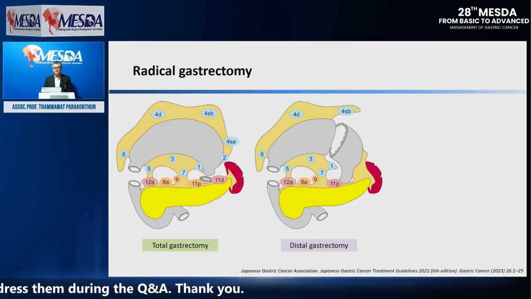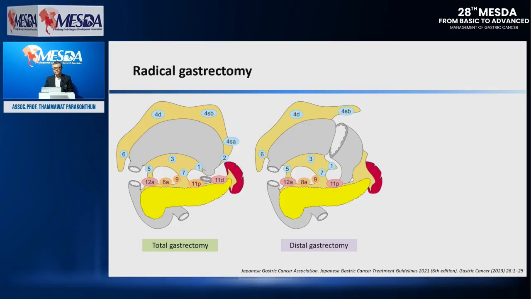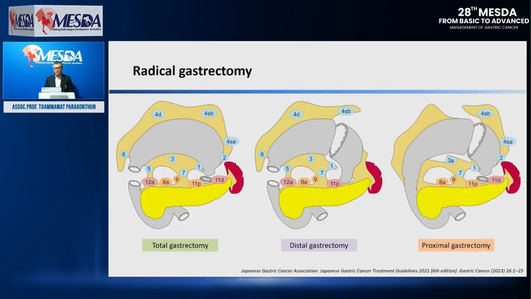For more advanced disease, we remove the orange and pink ones according to the kind of gastrectomy. But we can make some modifications for early or very small tumors, which is a modified gastrectomy.